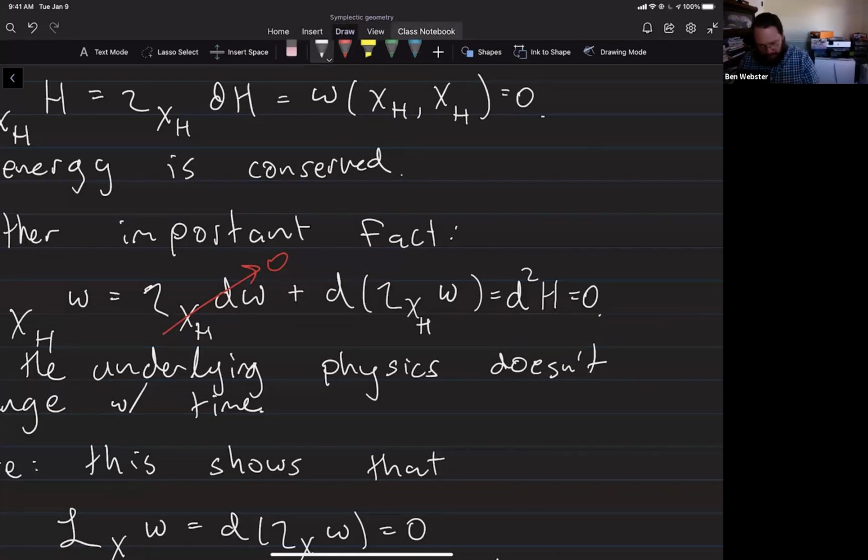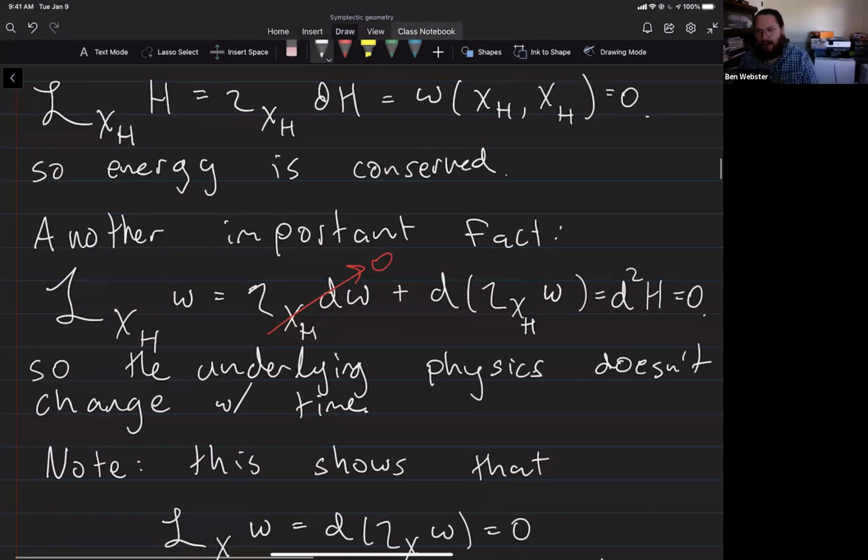Right? So you'll note here, this derivative being 0, I'm using two things. I'm using that the symplectic form is closed. That's key. So if you put in a non-closed 2 form that's non-degenerate, an almost symplectic form, you can define the Hamiltonian vector field, but it won't leave the form alone.